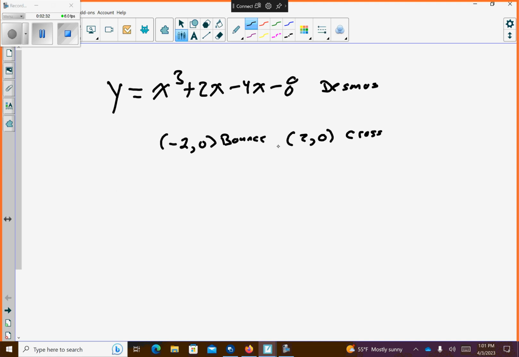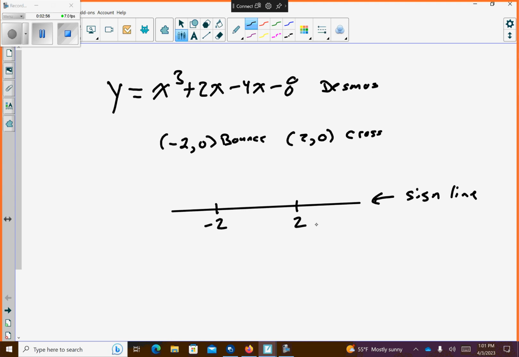Agree? All right, so let's use something called a sine line. We're going to call this a sine line. So there's things that I could put on there. I can put the -2 on there. I can also put the 2 on there.